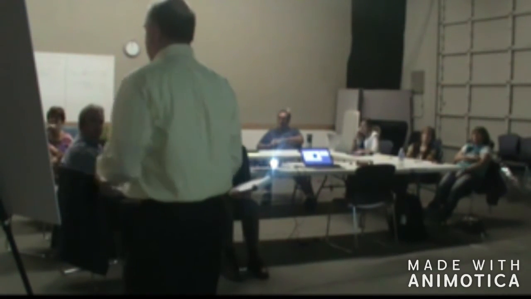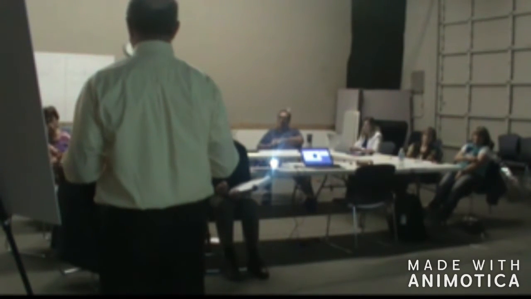So I have a question. We're talking about the 0 entry versus the lift. It could be either or both. So the answer is, if we did a 0 depth entry with an ADA accessible ramp, we would not need a lift.